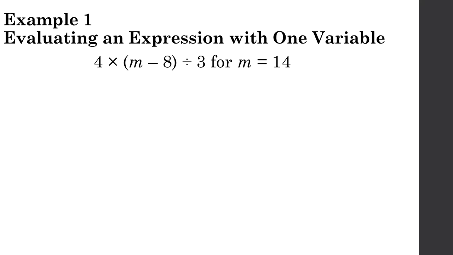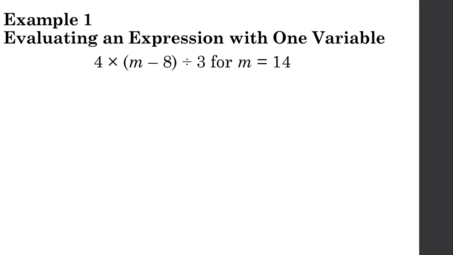So here we have an example, 4 times parentheses m minus 8, close parentheses, divided by 3, for m is equal to 14. So in this particular problem, they're giving us the value of the variable m.